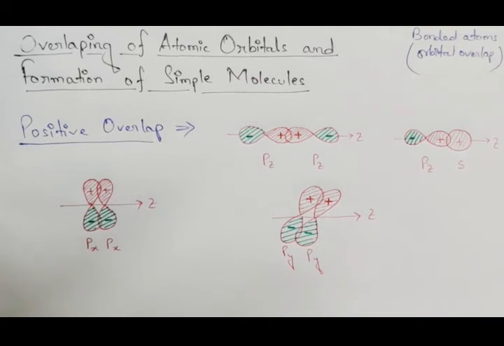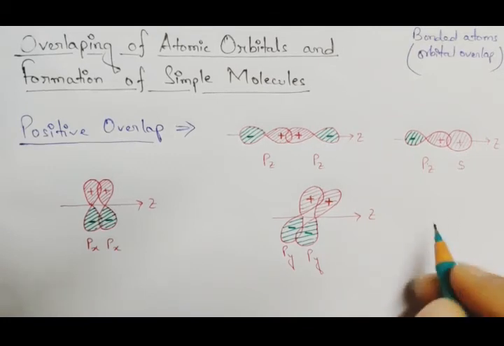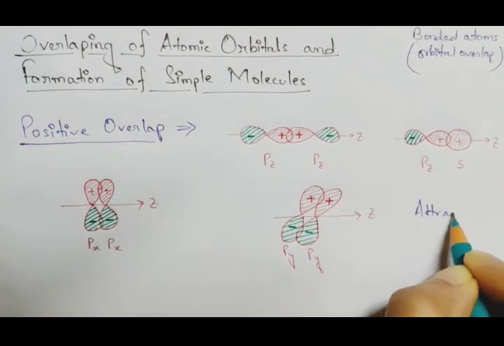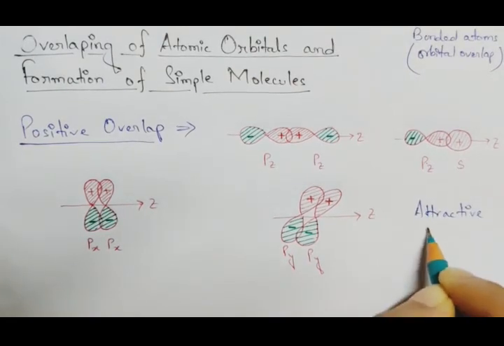In the case of px also, the two px orbitals overlap where the two lobes are facing each other. And in the case of py orbitals also, the overlapping is positive overlap. That means this type of overlap shows the attractive interactions.